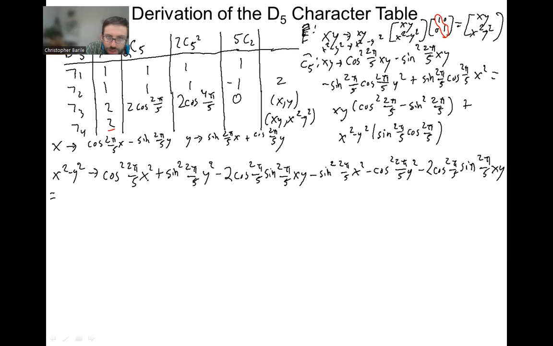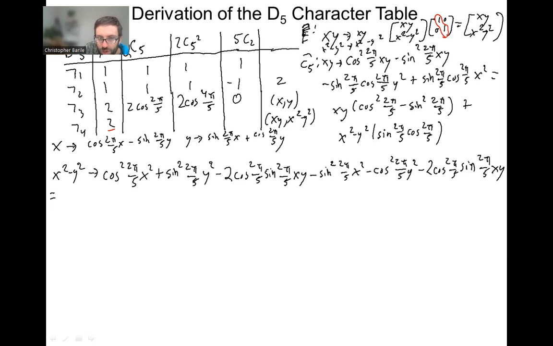Well, we have cosine squared 2 pi over 5 x squared, and we have sine squared 2 pi over 5, right? And so we also have this 4 cosine 2 pi over 5.